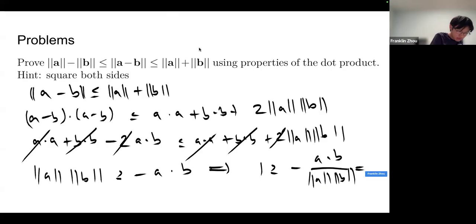And this part is just minus cosine theta. And we know that this is between -1 and 1. So 1 is always larger than this, and this is always true. All right, does that make sense?